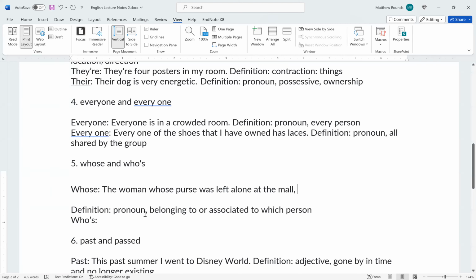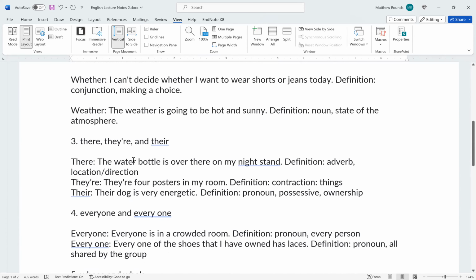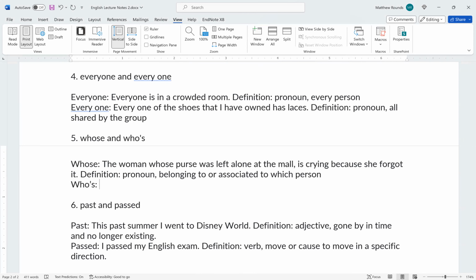Okay, there we go. Now look up the part of speech for who's or whose.